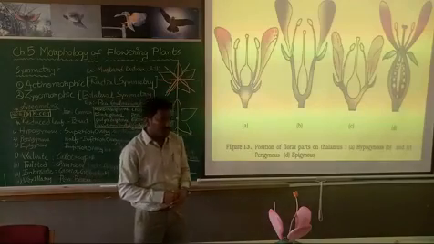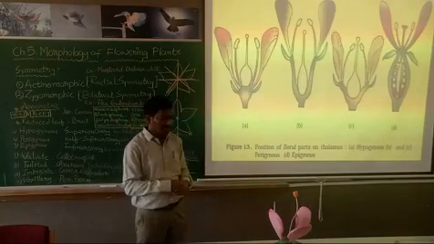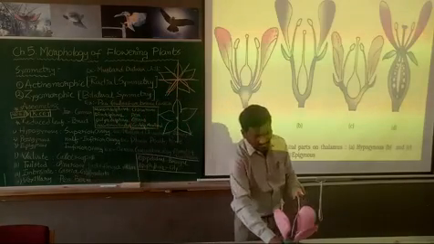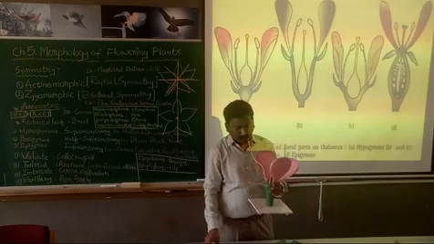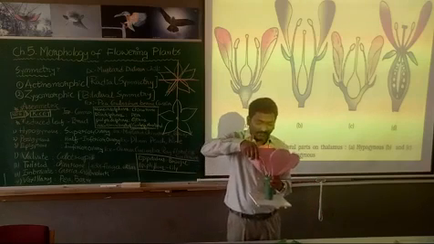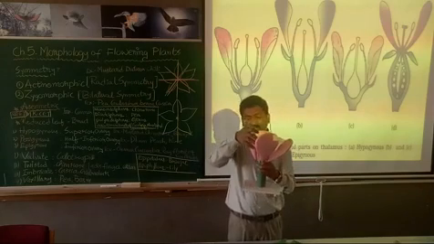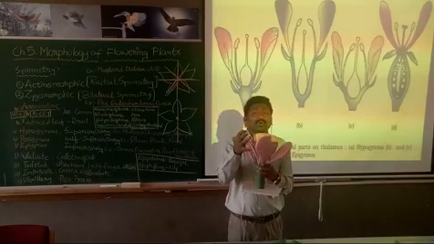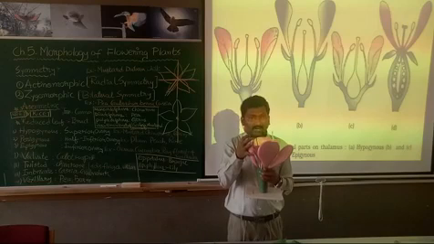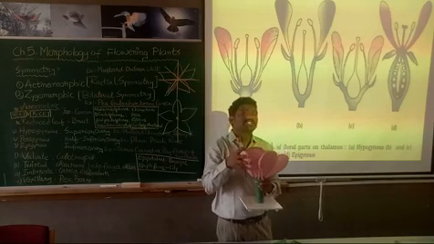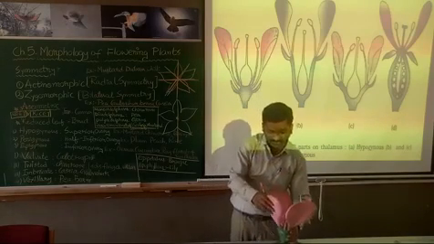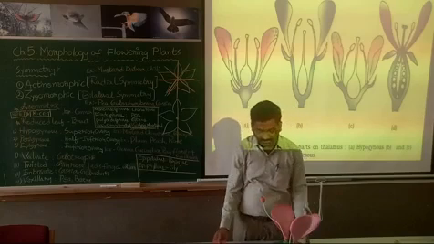Next, what is meant by tetramerous? Here you can see exactly this flower model only. 4 sepals, 4 petals, 4 stamens and 4 carpels are present. All the parts are 4 in number each. Such kind of flowers are called tetramerous flowers.